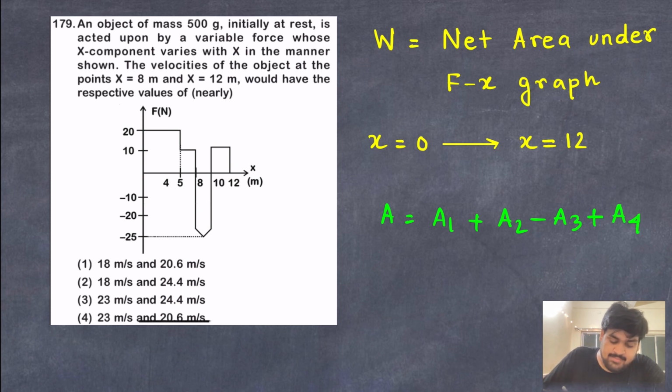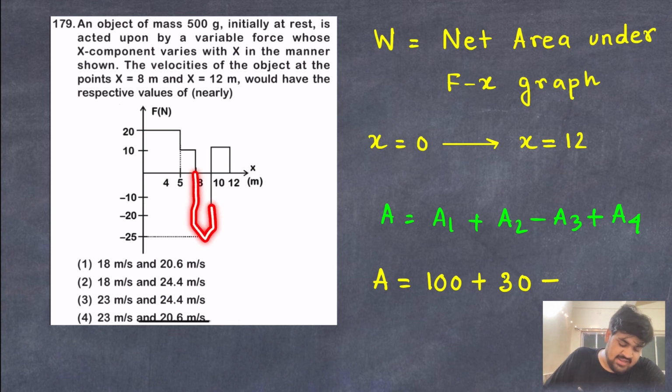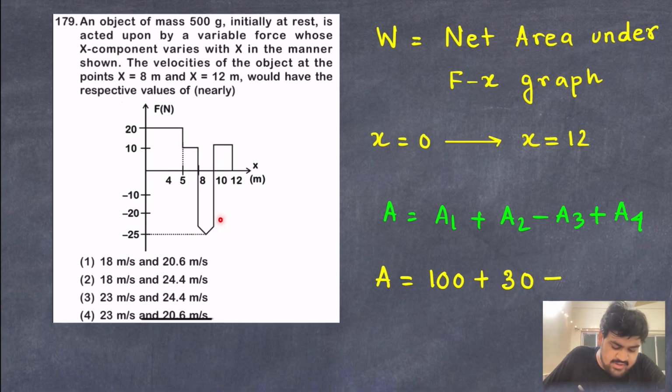So the net area A will be: what is a1 we calculated, it was 100 units, right? Recall. What is a2 we calculated, it was 30 units, right? Minus a3, which is this net area, and you can easily calculate that this area comes out to be minus 48.75, plus a4.